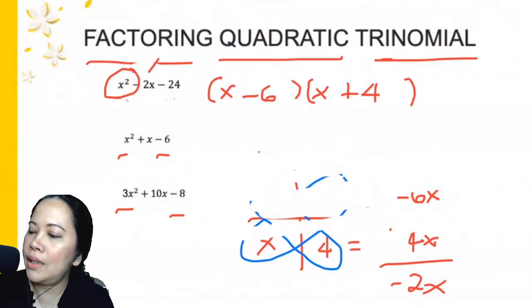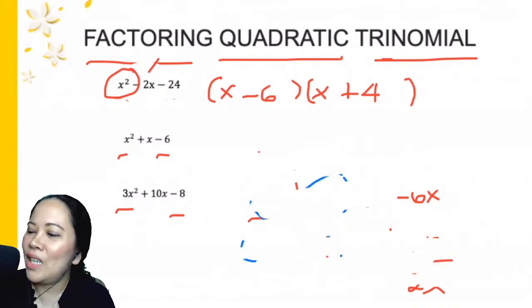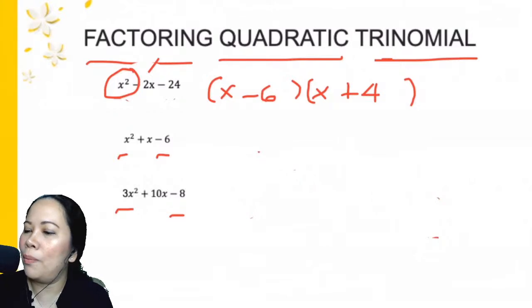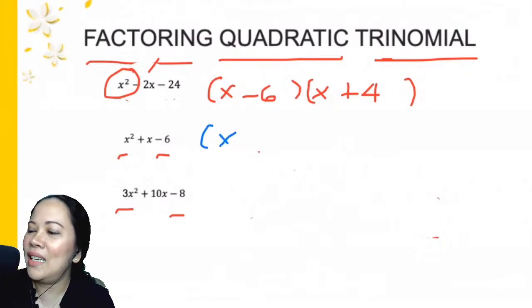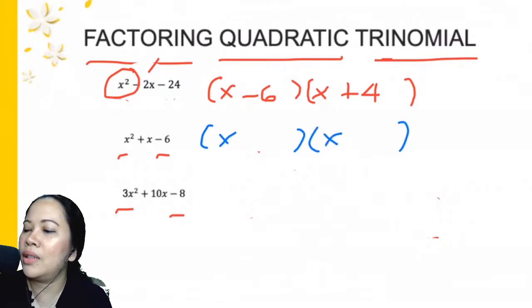So we have a given x squared. Actually, you can just think of it without even using any of the method. x and x, that's the factor of x squared. And then you have negative 6.